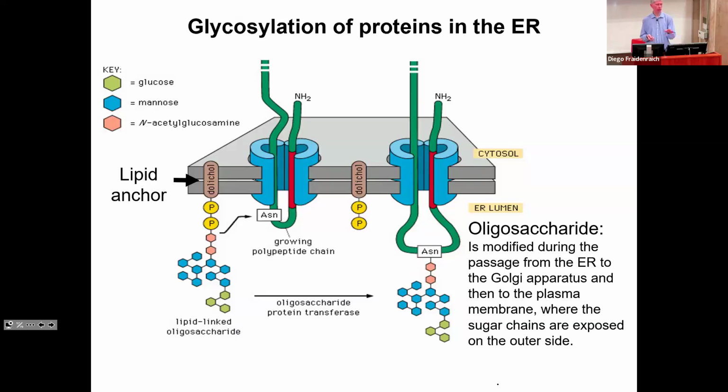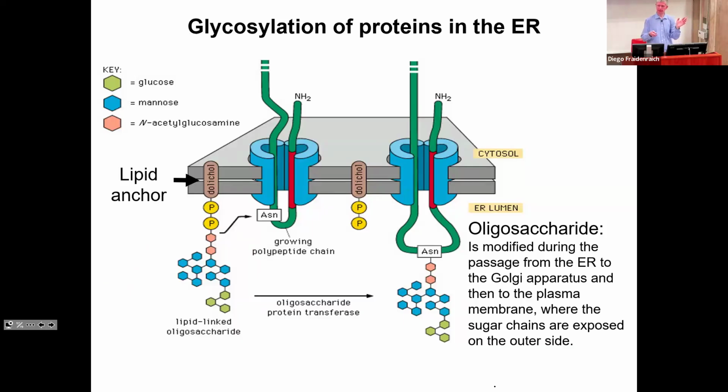And this sugar component is very important in the transfer of the proteins through the Golgi and then to the plasma membrane. And another thing is that the sugar component during this process is inside the lumen, inside the Golgi apparatus. Once it fuses with the plasma membrane, these sugar components will find themselves on the outer side.